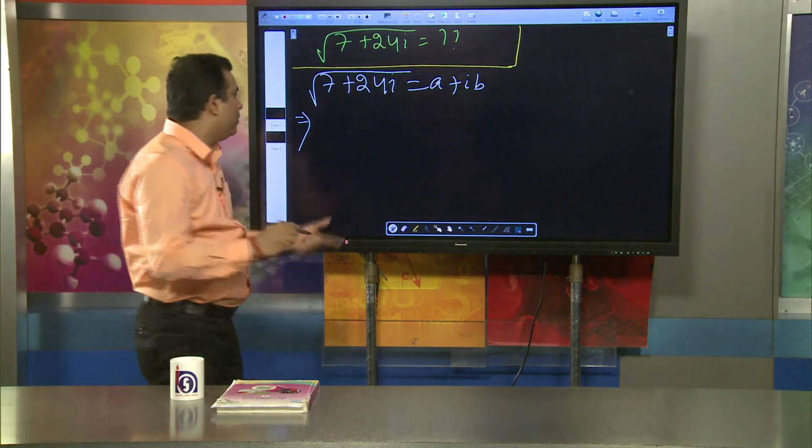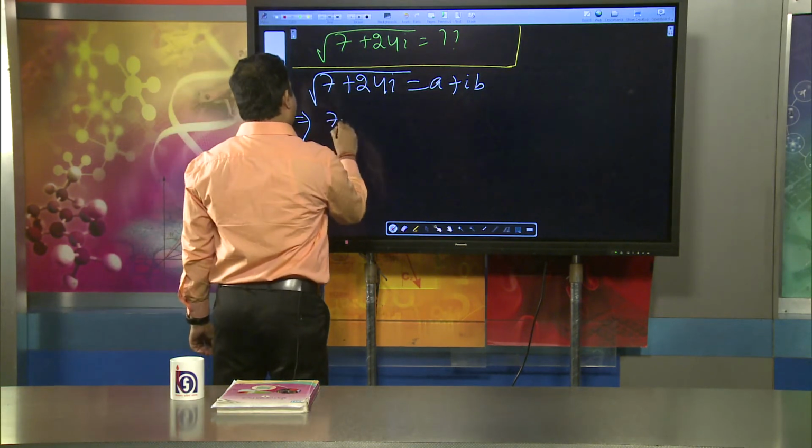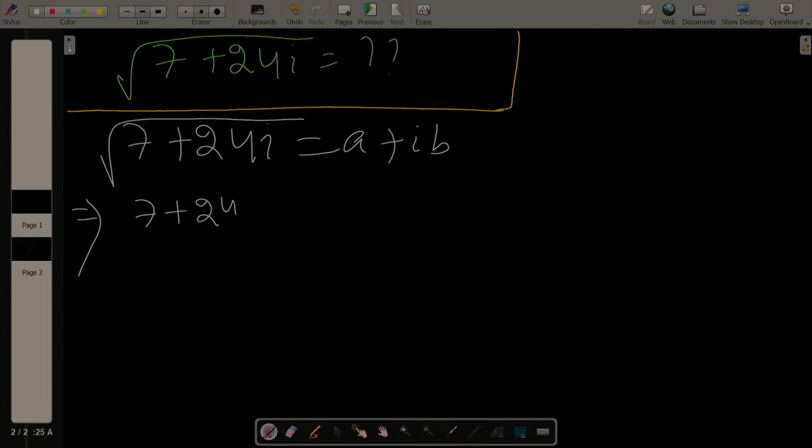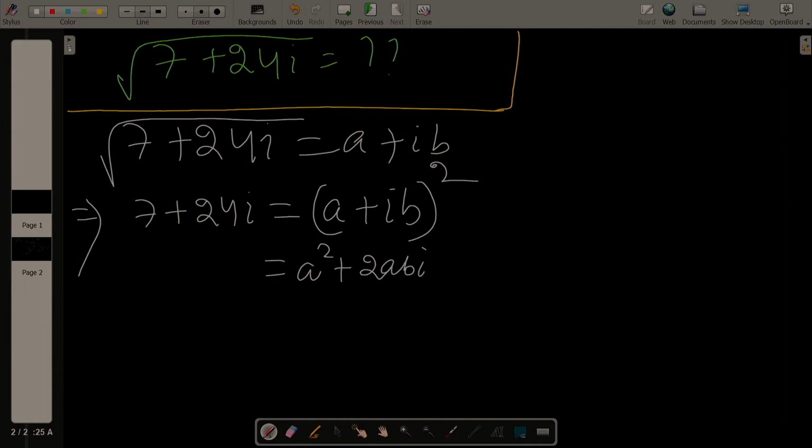This is the principle. So I can write 7 plus 24i equal to (a plus ib) whole square, which is a square plus 2abi minus b square.